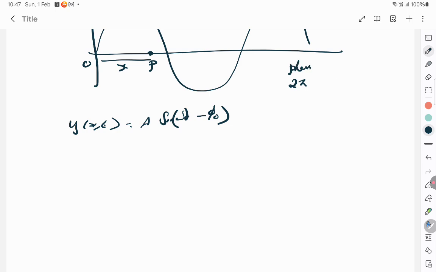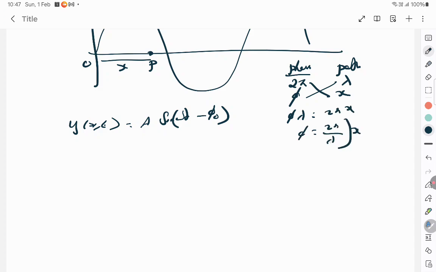First take a full phase difference of 2 pi. For a phase difference of 2 pi, there is a path difference of lambda. One full wavelength is also one full rotation, 2 pi. So the phase difference is 2 pi for a path difference of lambda. What will be the phase difference if the path difference is x? It is 2 pi into x by lambda, so phi is equal to 2 pi by lambda into x.